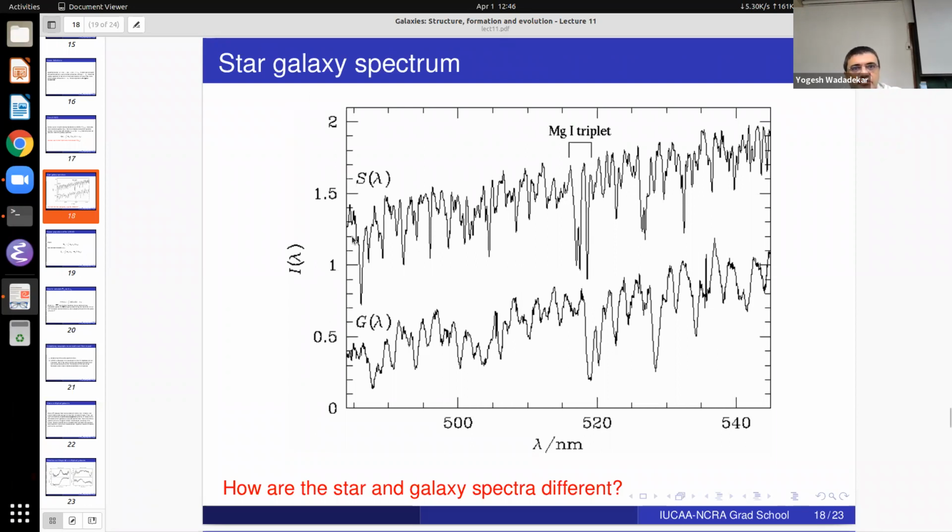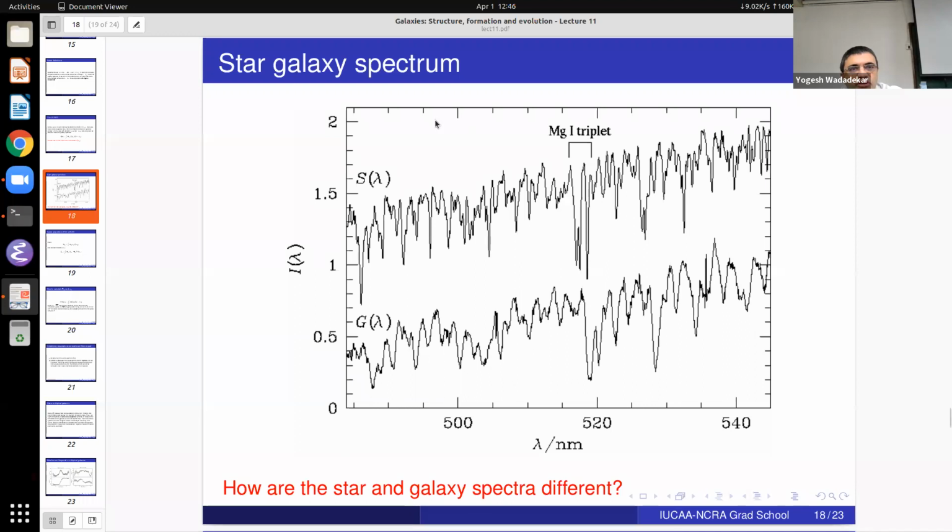There are lines, but there's a continuum which is slowly increasing. Should there be more blue stars? For spirals, yes.